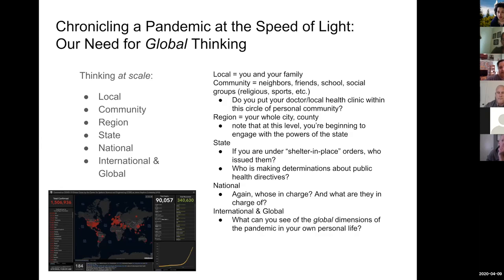The essence of it is that we have to think at scale. There's certain questions we can ask at a local level, certain questions that we have to widen out and look at community. We widen out again and look at region, widen out and look at state, national, international, global. At a certain point, we can look at the whole globe. And that's exactly what we have to do now, is look at the whole globe.